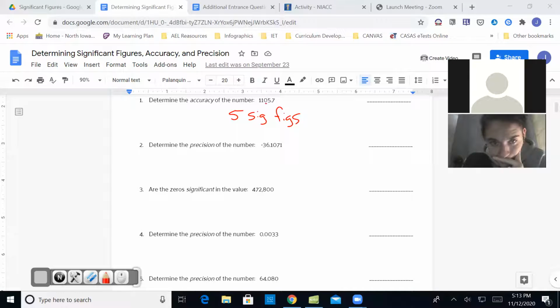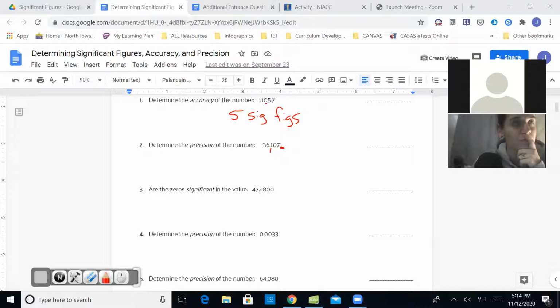We want to, for number 2, determine the precision of the number. Remember, this is the place value of the last digit. So that means the rightmost. That's this one right here behind the 7. The hardest part for students is remembering the place value.